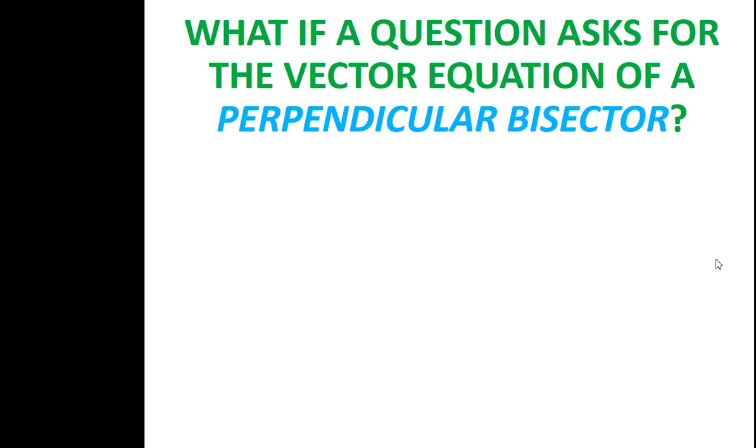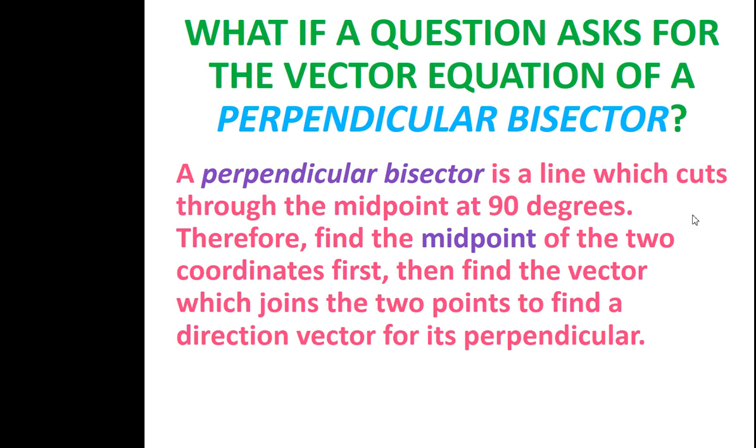Just things to keep an eye out for, like reminding you what a perpendicular bisector is, because sometimes you might find an exam question where they assume you remember it. A perpendicular bisector is a line which cuts through the midpoint at 90 degrees.